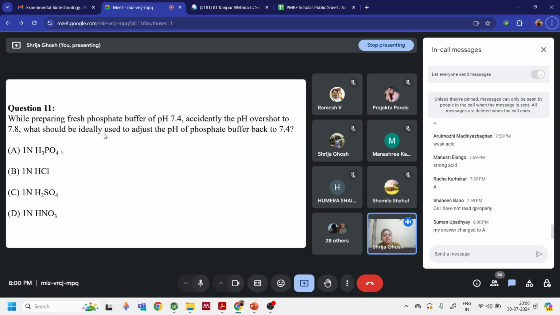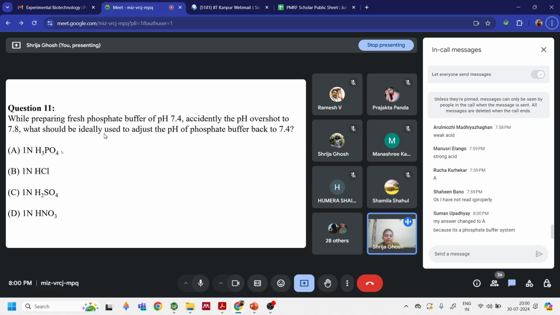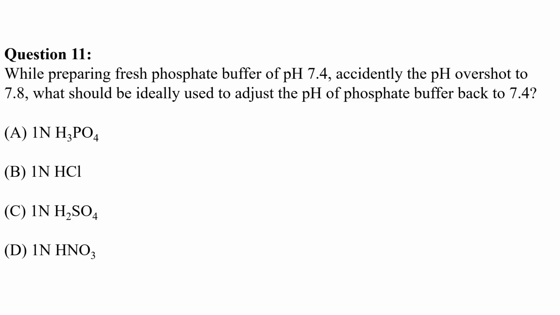So whatever buffer system I am using, I have to keep the same ions in the solution. Otherwise it won't be called a buffer. A buffer will be made from a weak acid and its conjugate salt. So I can use a sodium phosphate or potassium phosphate salt and its conjugate acid. The acid will be phosphoric acid. So option A will be the correct answer.